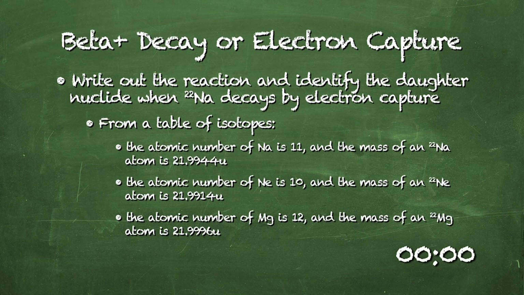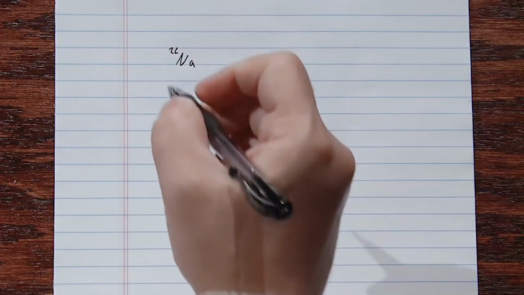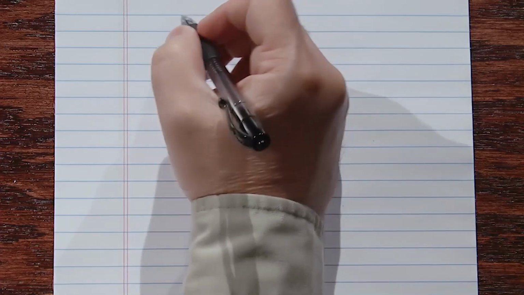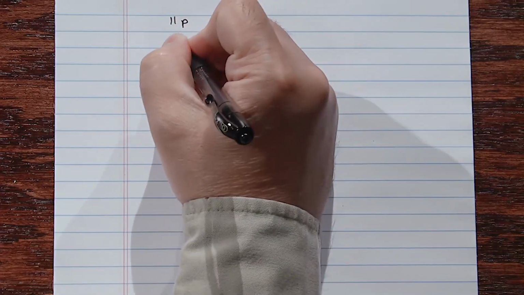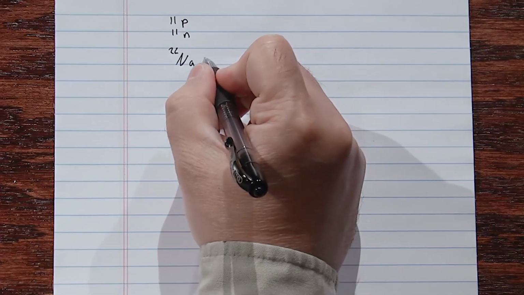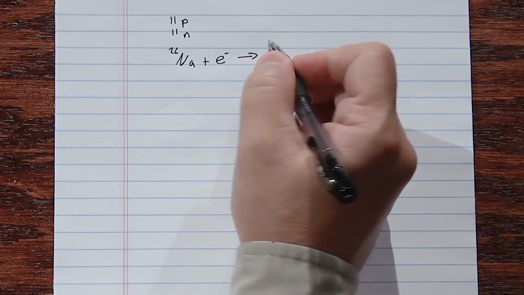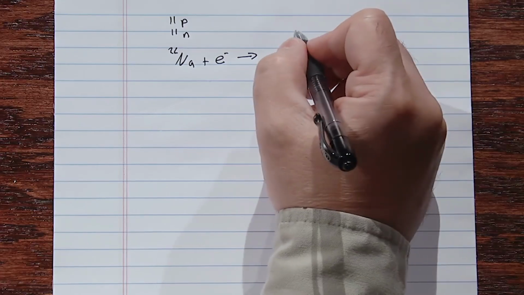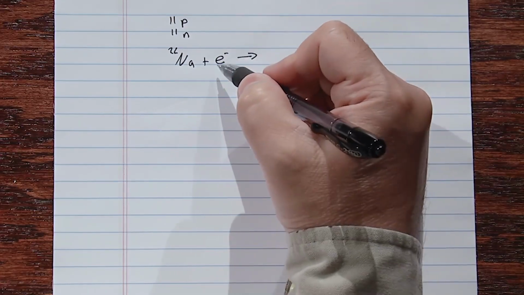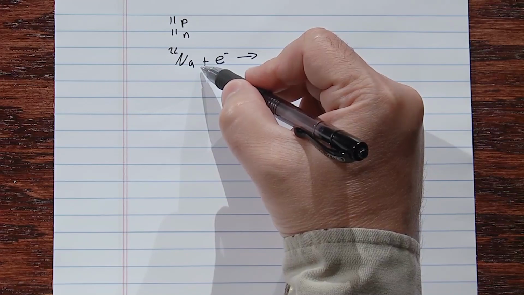So we have sodium-22, and I'll just note that we have 11 protons and 11 neutrons, and it captures an electron. So now what we have is a proton turning into a neutron.